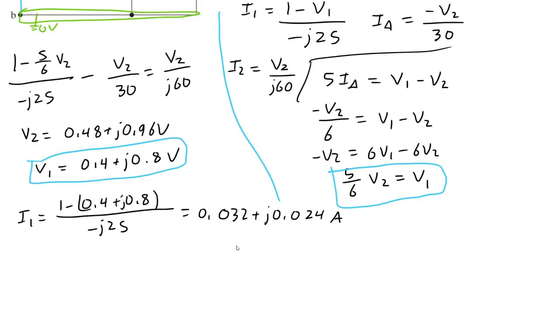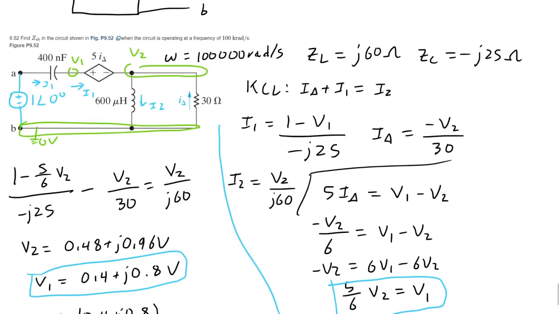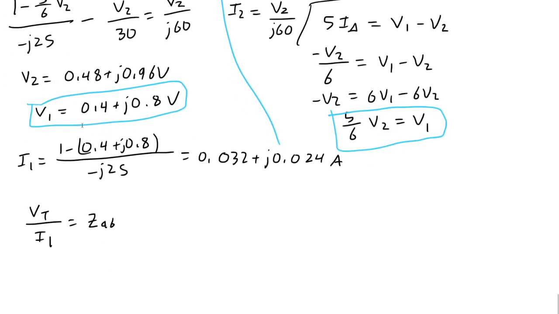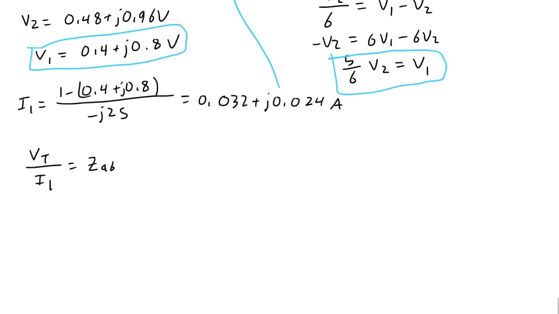And if we make our V test divided by I1, that is going to be the ZAB. And we know this because I1 is the current that enters and leaves this network. So anyway, if VT is 1, so 1 divided by, let me actually convert this to milliamps.